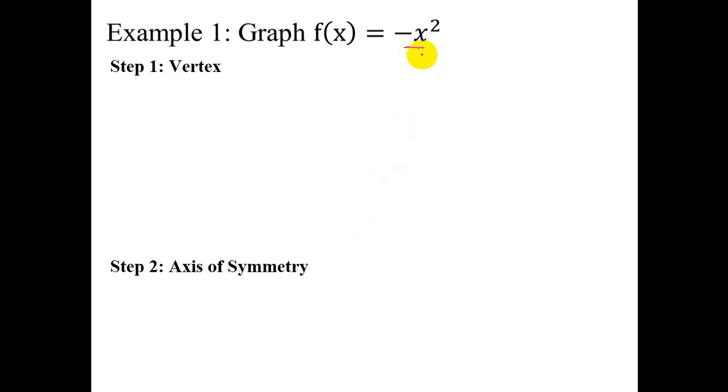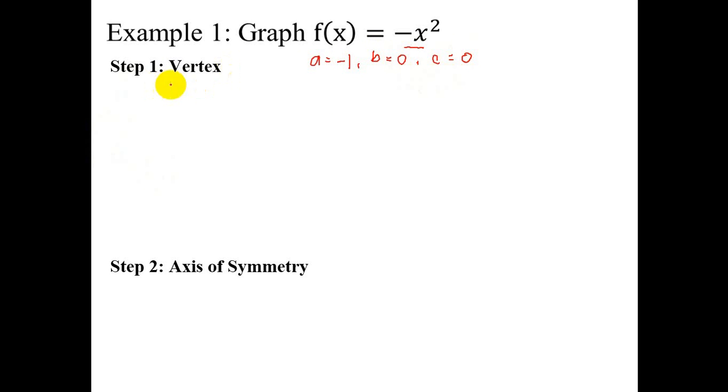Then the next thing is we need to get the values of a, b, and c. The value of a is negative 1 since the linear term and constant term are not present, so we can actually equate b to 0 and c to 0. Next, step 1.